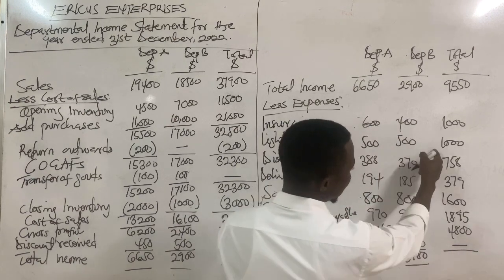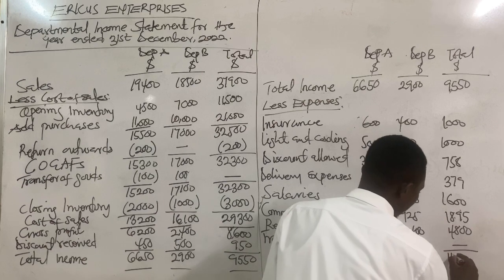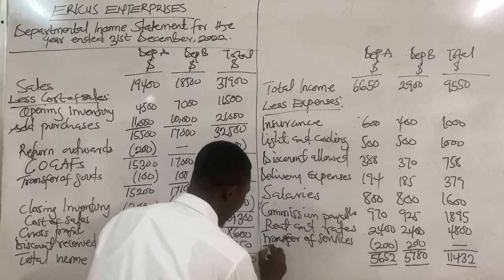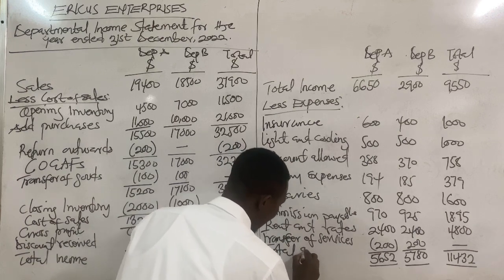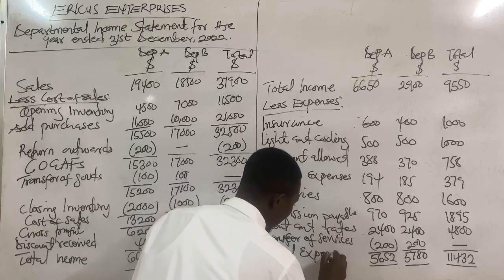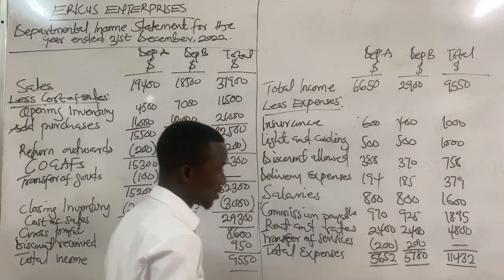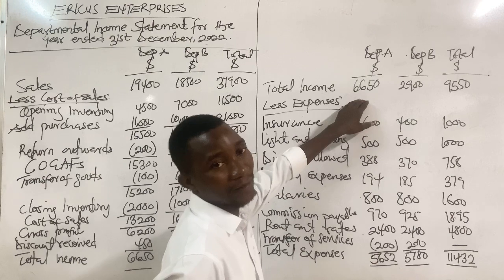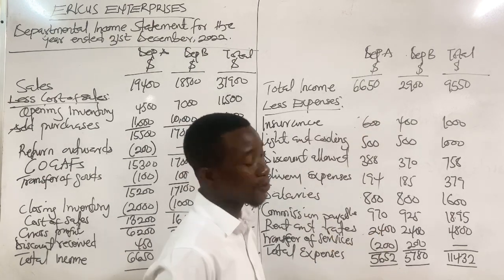Then we add all this, that is 11,432. So this is the total expenses for each department.